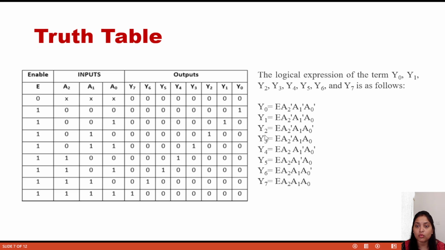Okay, then Y2 equals A2 bar, A1 and A0 bar.